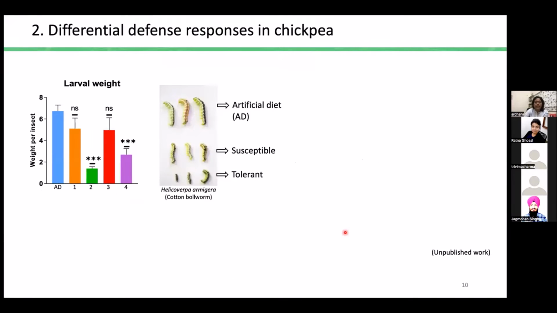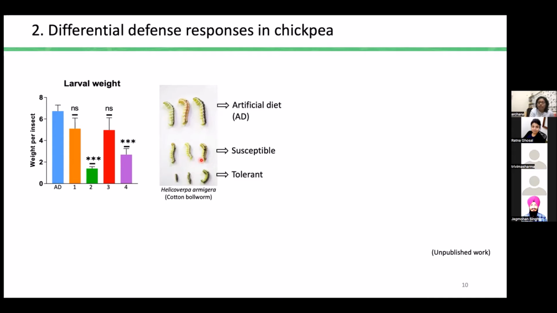Next, coming to the chickpea project. One of my students is working on differential defense responses in chickpea. We have collected several accessions of chickpea and tried to understand if we have different feeding behavior on these accessions. Here you see that, compared to the artificial diet, these insects are very healthy.